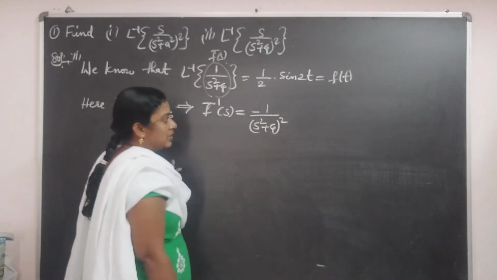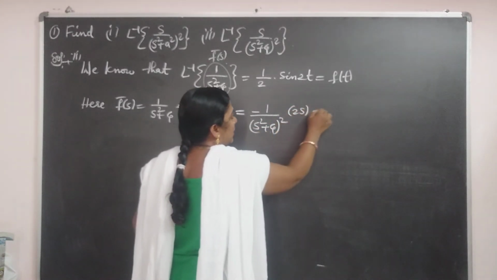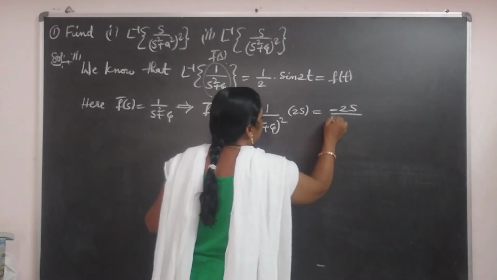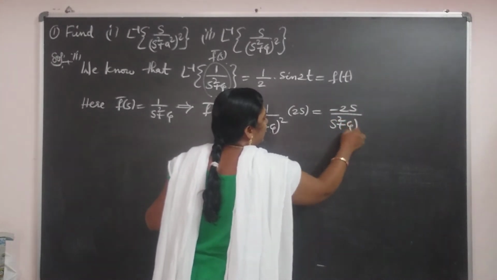Again the derivative of s^2 + 4 is 2s, so it is equal to -2s by (s^2 + 4) whole square.